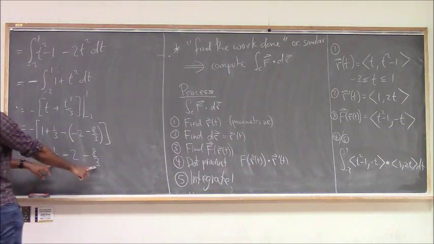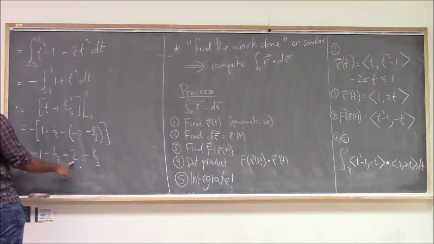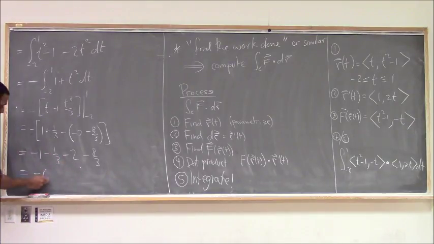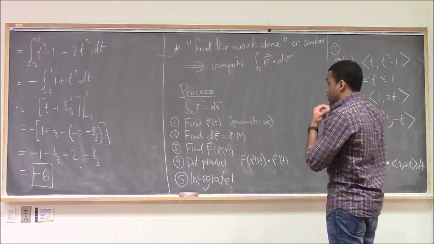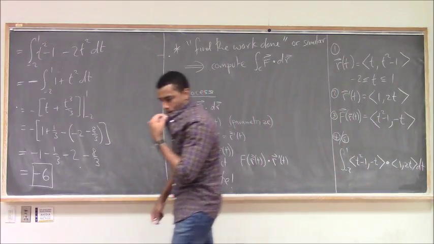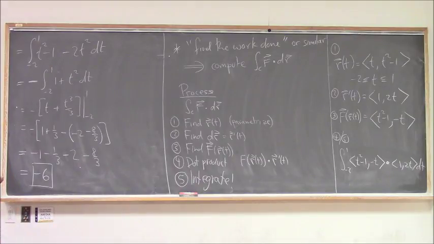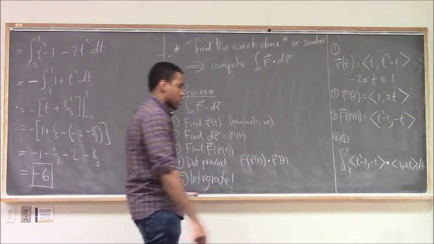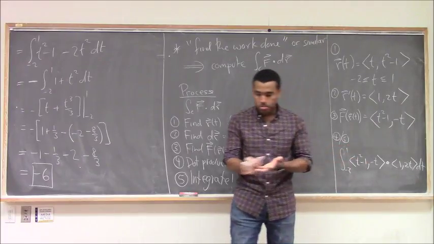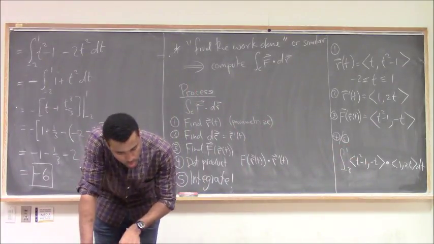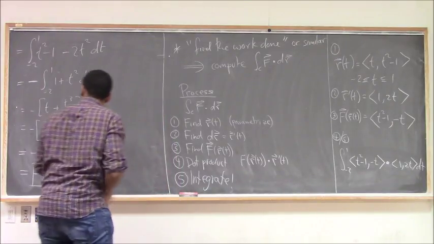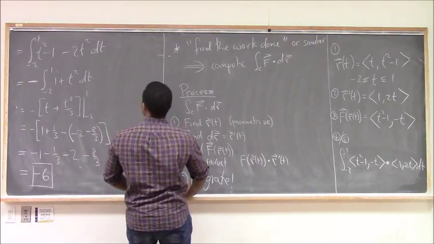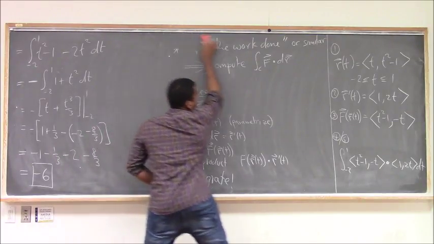So this is minus 9 over 3, which is minus 3, and then minus another 3, minus 6. That would be the work done in moving our particle. I'll emphasize a couple things here.